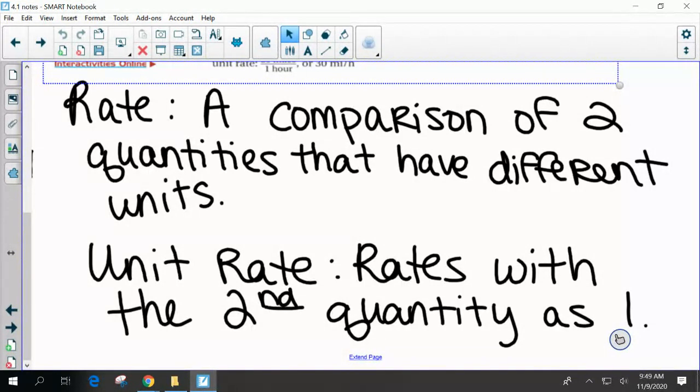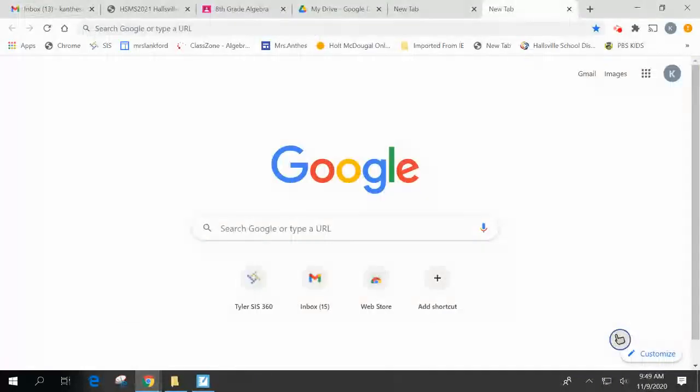A gallon. So that's an example of a unit rate, like $1.78 per gallon of gas. And we see unit rates all the time, all over the place. So if you want to pause your video and write this down.